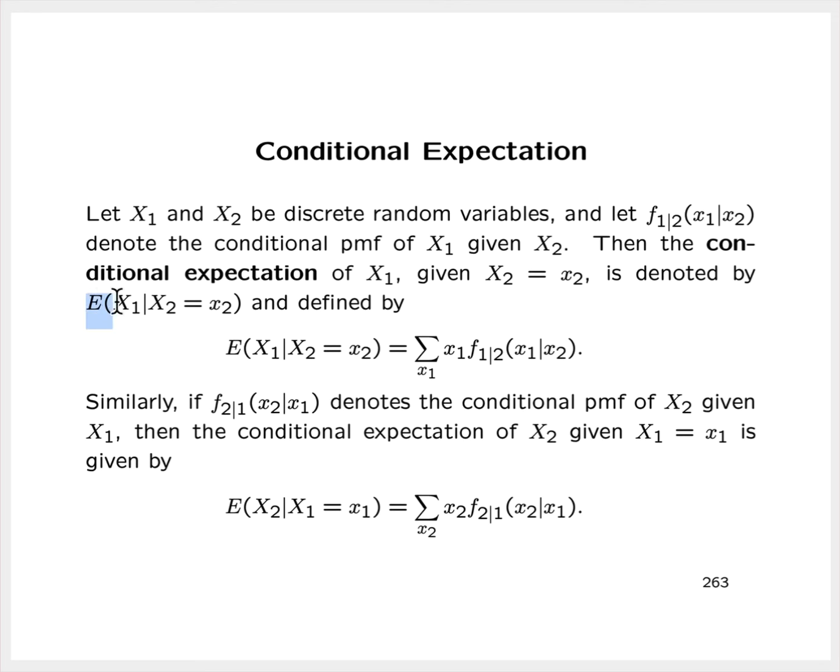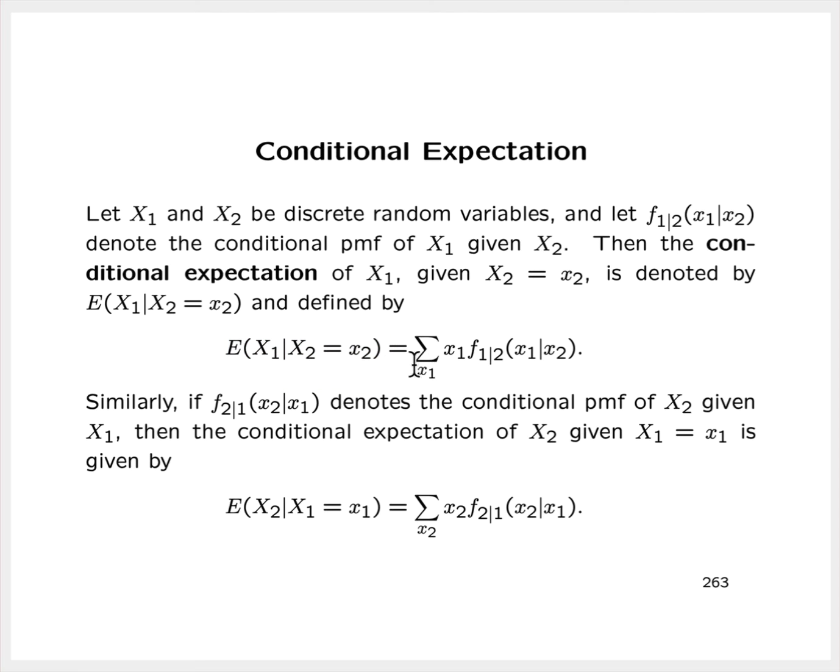And so this notation here is read the conditional expectation of x1 given that x2, the random variable x2, is equal to the specified value x2. And because we're dealing with discrete random variables and therefore a conditional PMF, to get this expectation, we have to use summation.